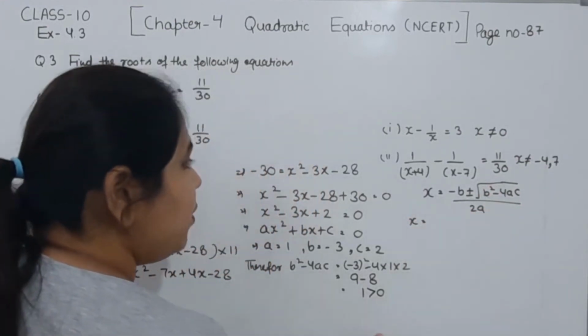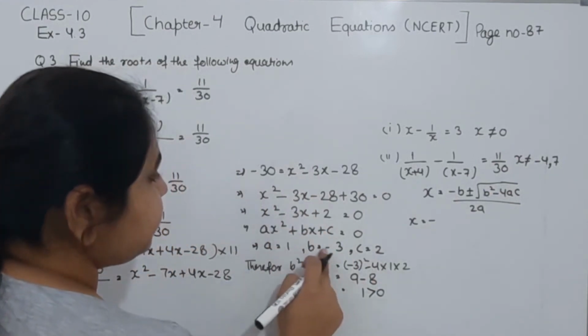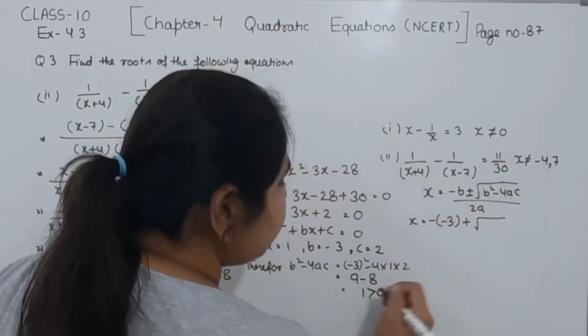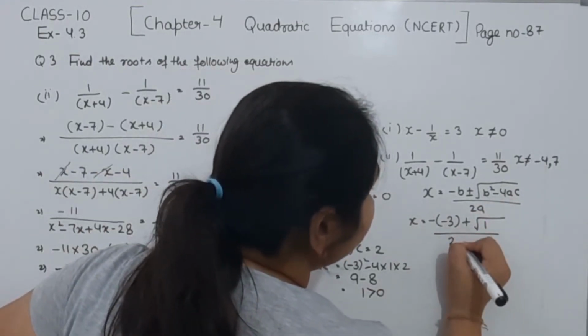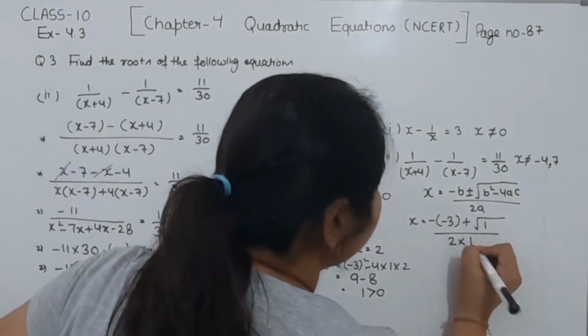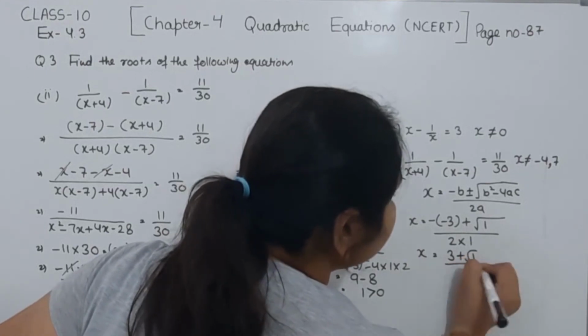So the first value is minus b, which is minus minus 3, so 3, plus root of b square minus 4ac, which is 1, divided by 2 multiplied by the value of a, which is 1. So x is 3 plus root 1 divided by 2.